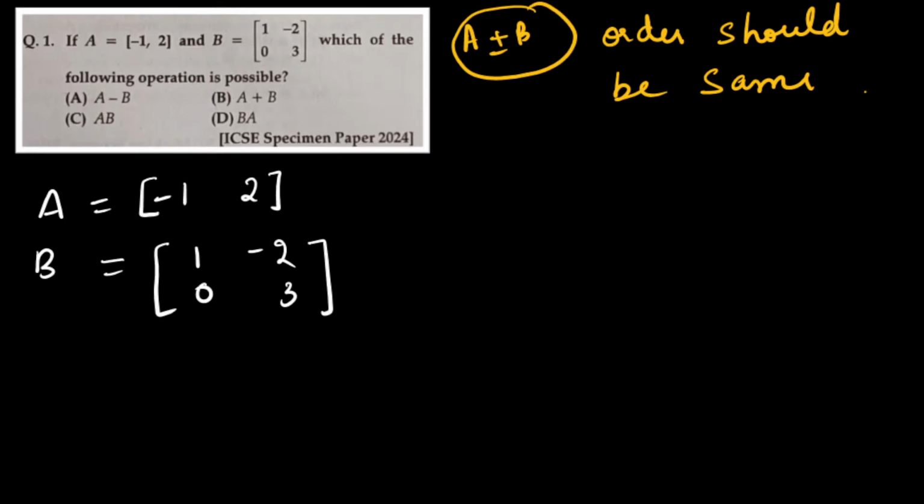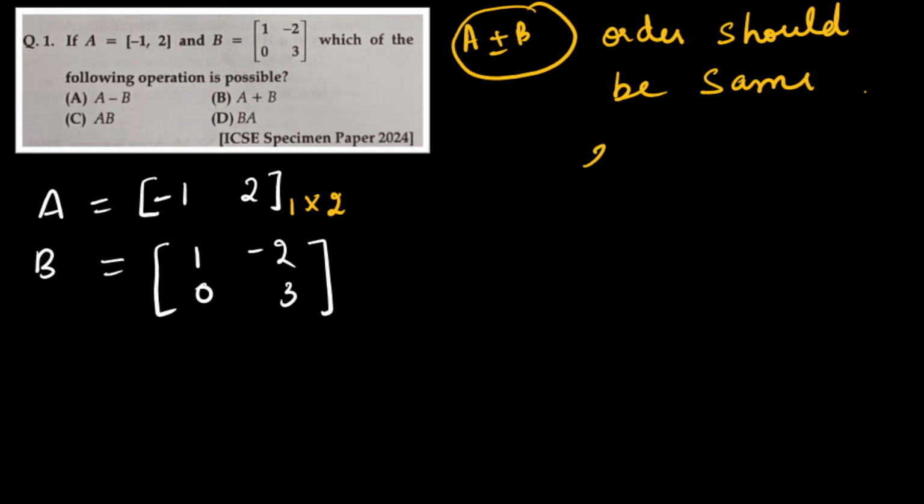What is the order of matrix A and matrix B? Here we have one row and two columns, horizontal rows and vertical columns. So it's not 2 by 1, it's 1 by 2: one row, two columns.